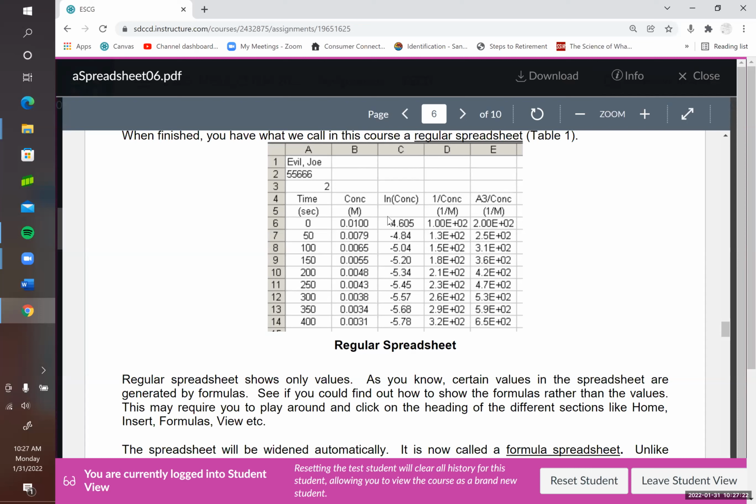Now, look at the log column. This column takes the log of the concentration. I know this first number has 3 significant figures. Notice that the mantissa has 3 digits after the decimal point. So that's proper. And this one has 2. So if you hand in something that doesn't follow those rules, you're going to get points off.